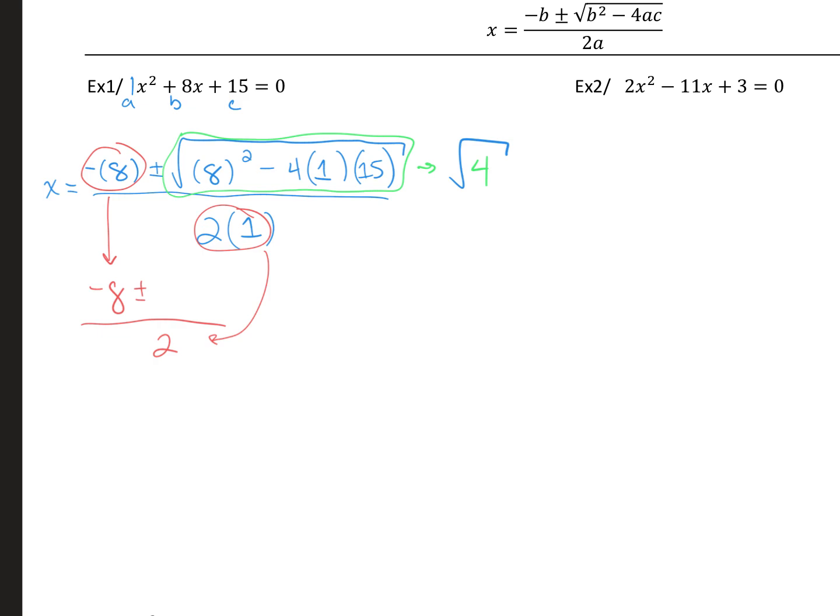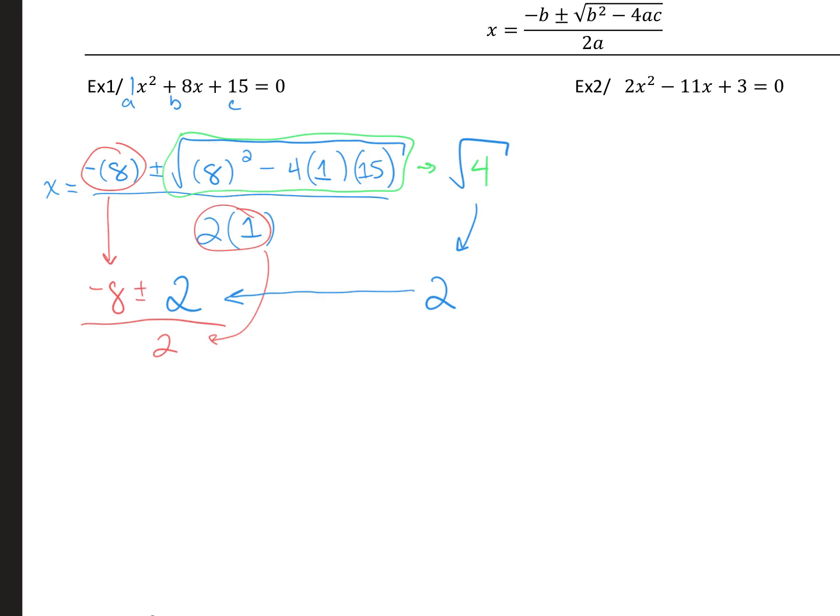Now, you have to simplify the square root. And awesomely enough, the square root of 4 turns into 2. And what you do is you take that value and you put it back into the quadratic formula. The square root we figured out was 2, so it's in the same position of the square root.